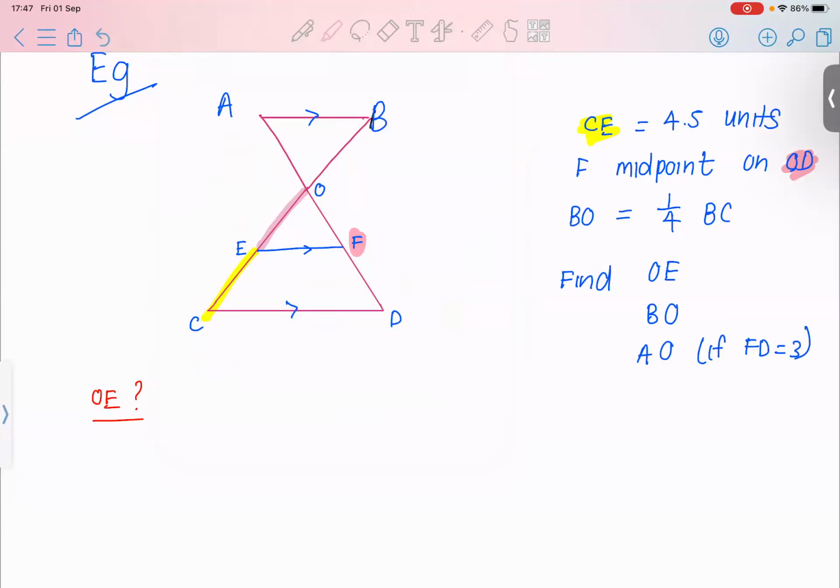What do we know? Remember, F is the midpoint of OD. So if F is the midpoint of OD, what do I know? This one is just a property about parallel lines and midpoints. All right, so we observe that EF is parallel to CD, isn't that so?